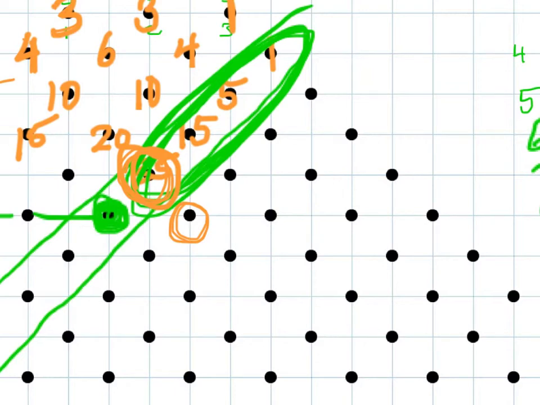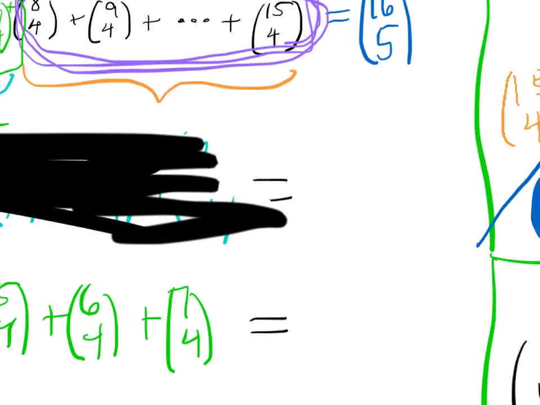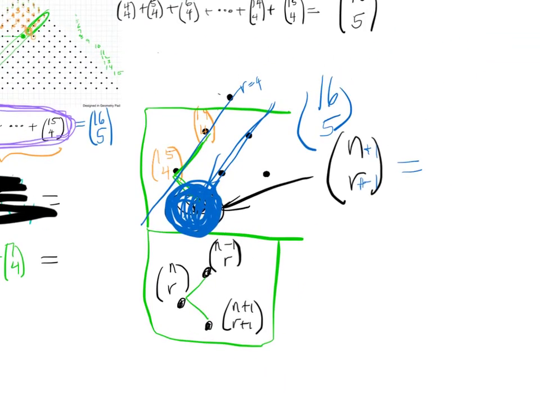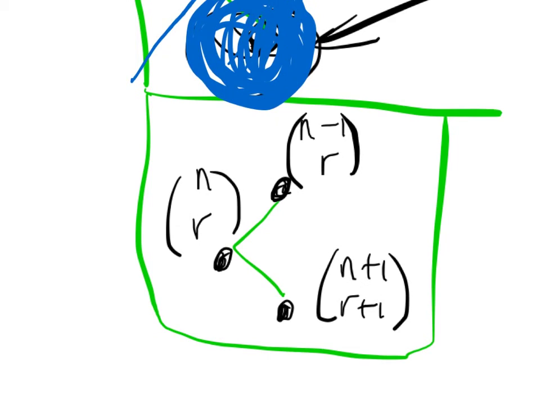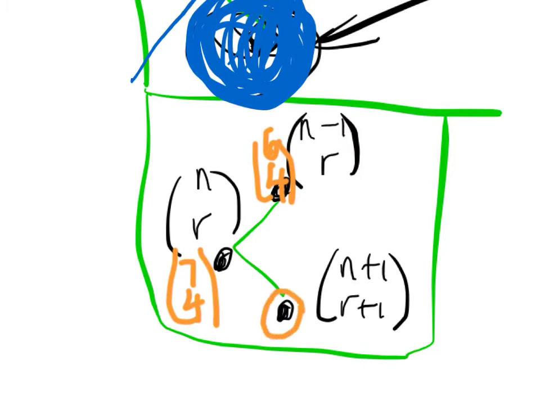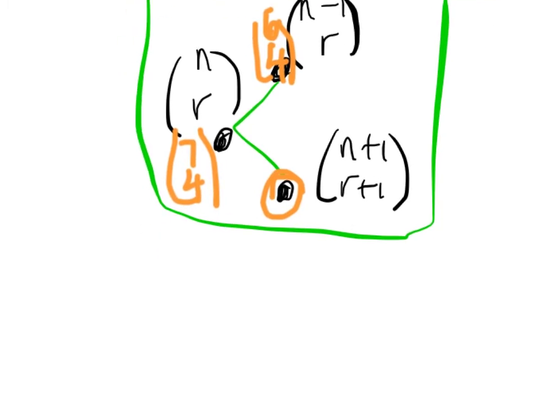So go back to this picture. In our example that we're doing upstairs, this is 6 choose 4. This is 7 choose 4. What's this number? 8 over 5.